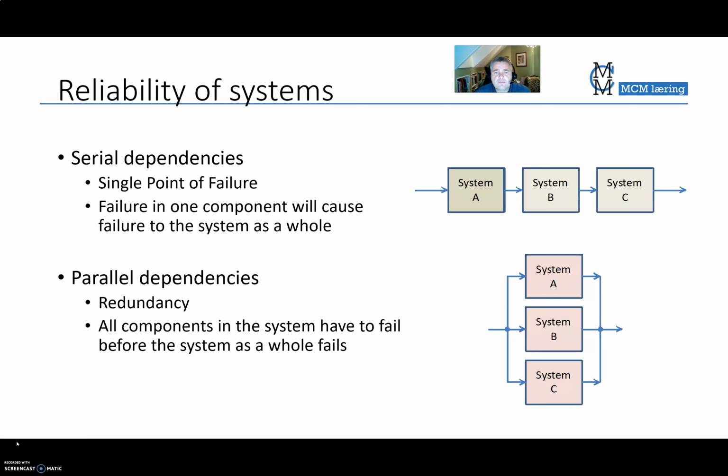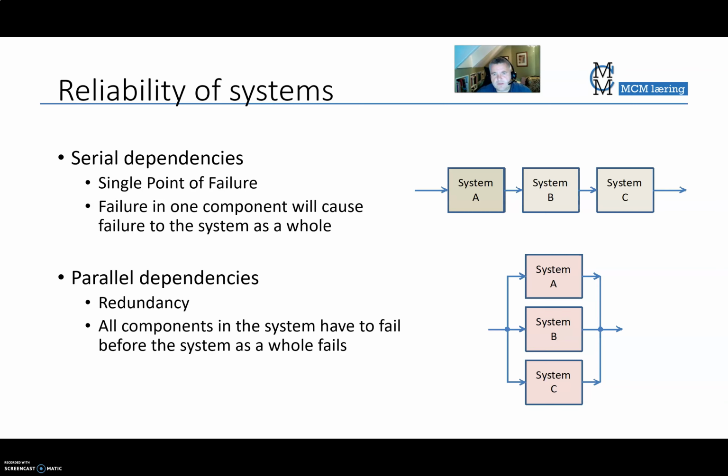Serial dependencies means that for the whole system to work, each and every subsystem has to work. For a parallel system, if one subsystem fails, it doesn't matter, because the system as a whole will still work. One example of serial dependencies would be a torch, lommelykt på norsk.